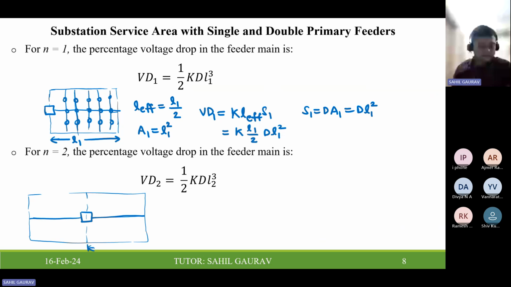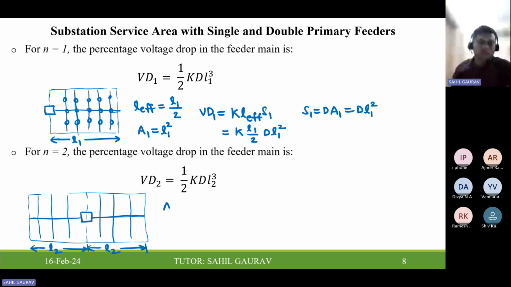Let us assume the length of primary feeder is L2. Similarly, we have uniformly distributed load with the laterals.